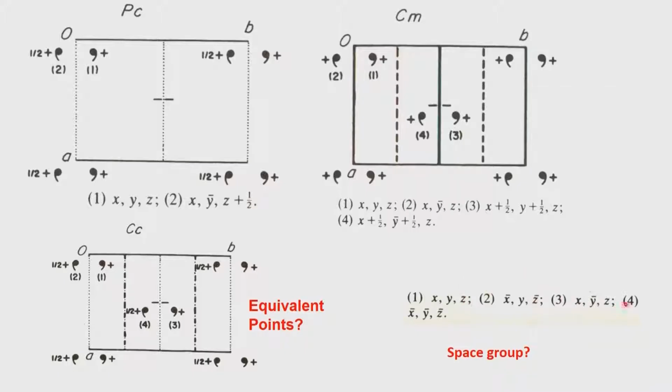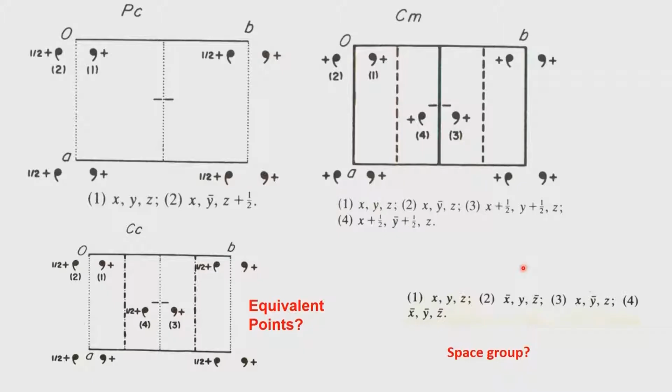Now, if you look at the point number 3, it is a mirror operation perpendicular to the B direction. So, we have a two-fold symmetry along the B direction, a mirror plane perpendicular to the B direction. That means it also has a center of symmetry equivalent point, which is x y z going to x bar y bar z bar. So, we are now looking at a centrosymmetric space group. So, the logical way to go about when equivalent points are given is to first see the type of lattice.